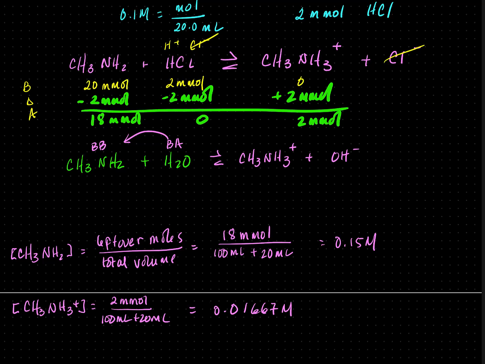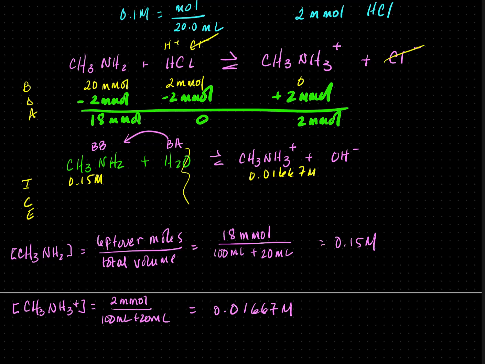So at this point, I can complete the ICE table. The initial concentration of the weak base is 0.15 molar. The water does not count because it's liquid state. The conjugate acid is 0.01667 molar.